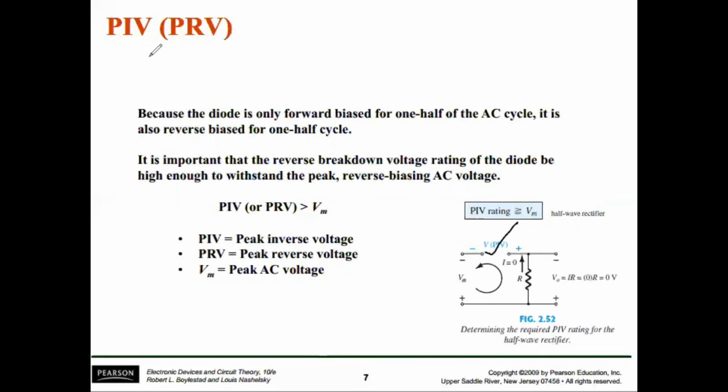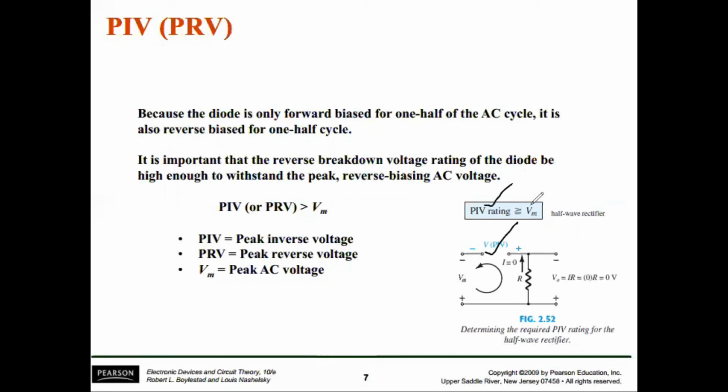So PIV is the peak inverse voltage which will be required to break the diode into its breakdown region. It is always needed that your PIV rating should be greater than or equal to Vm.